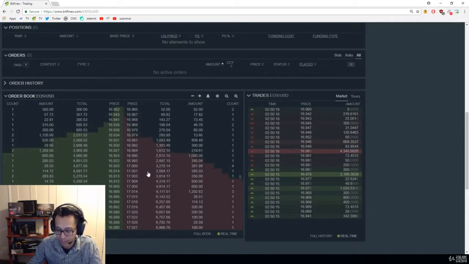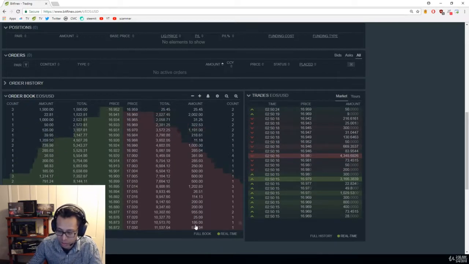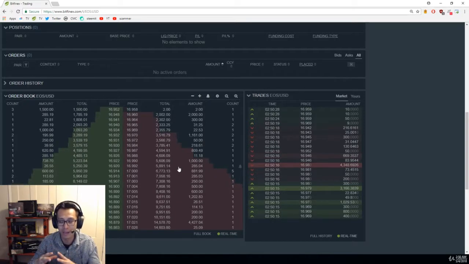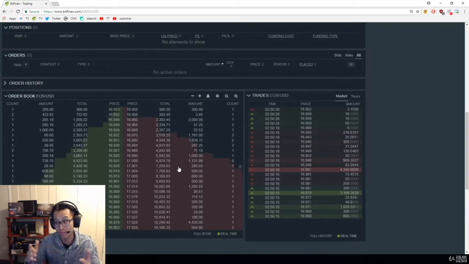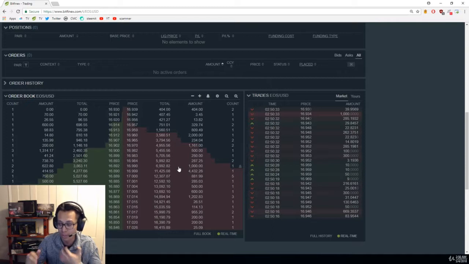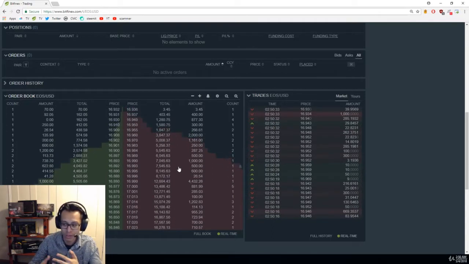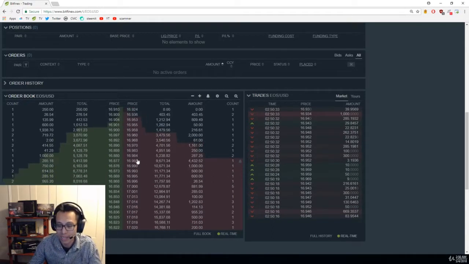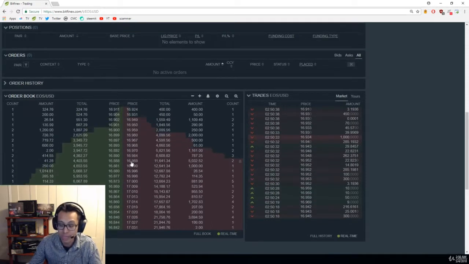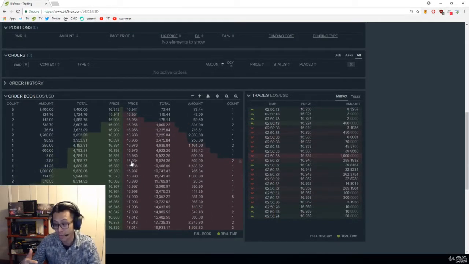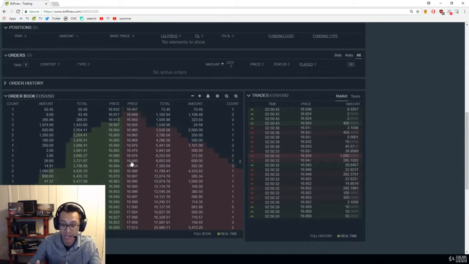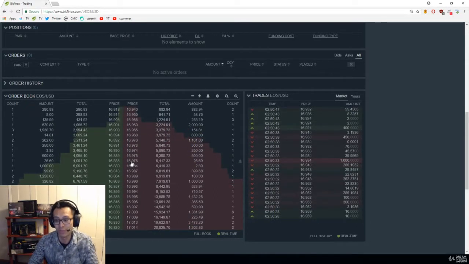Now we're seeing a big balance because this side, the green, is equal to the red. So now there's a very equal balance in pressure. And that's how we basically do it, right? We just keep going back and forth like this on a wall. And we have to make sure that we read these level 2 order books very often because it will give us the best gauge of what is happening in real time.